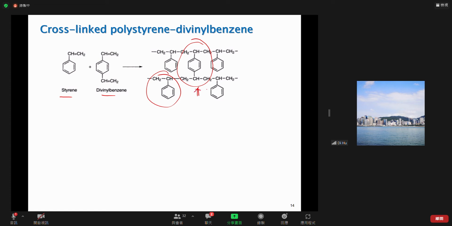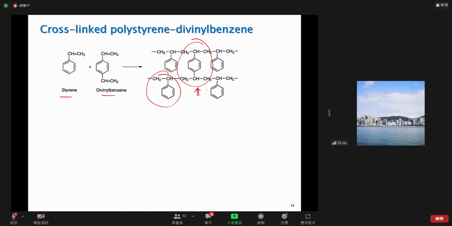in this reaction determines the degree of cross-linkage, and therefore it determines the pore structure. That means the more DVB added, the more DVB involved in this polymer, the higher the degree of cross-linkage, and that means the smaller the pore size, right?